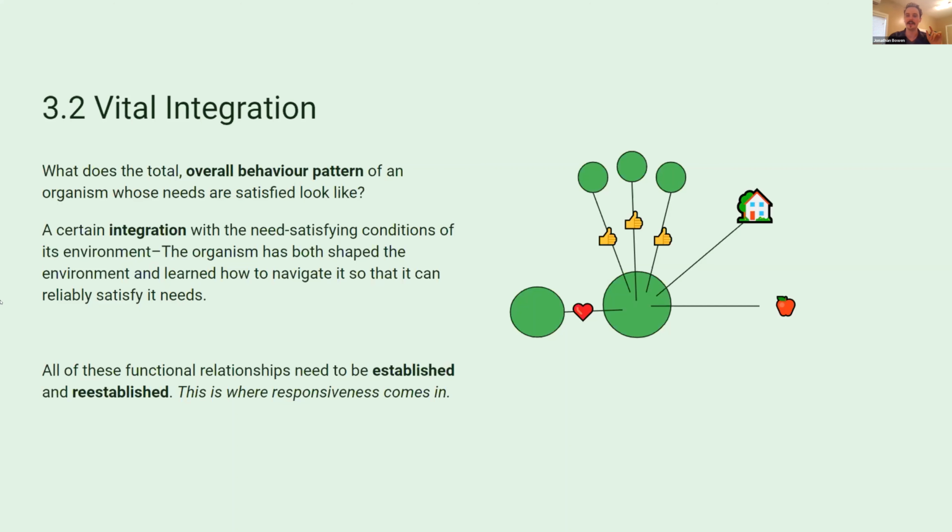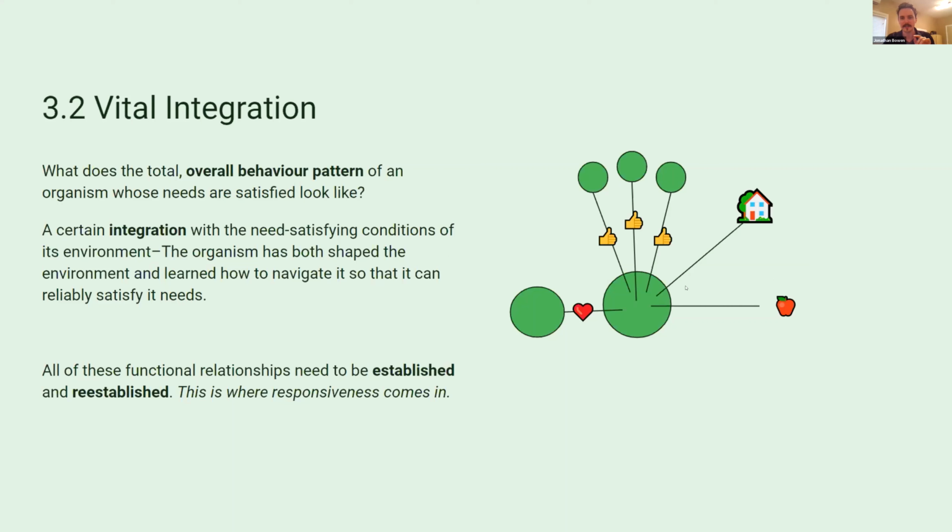So here this little green circle is our organism. You've got food over here, it's got a relationship with that. You've got a house, so that's shelter. You could think of that as providing some kind of safety needs. Of course, not all organisms have houses, but you get that I'm trying to depict something more abstract here.